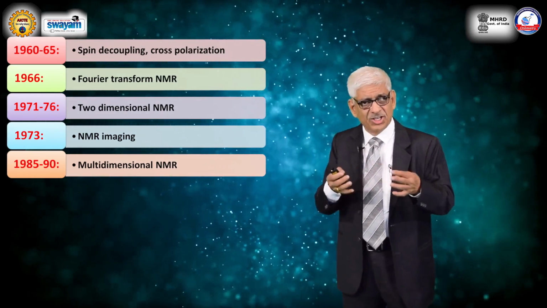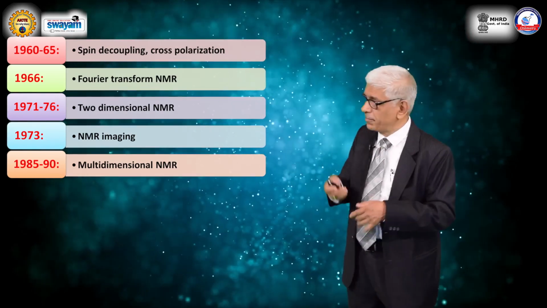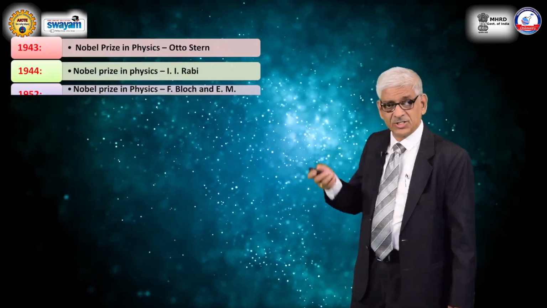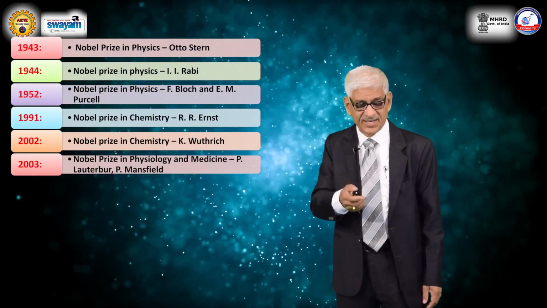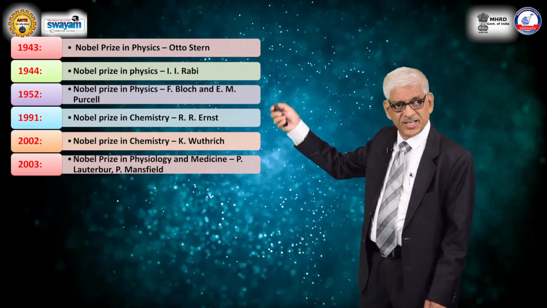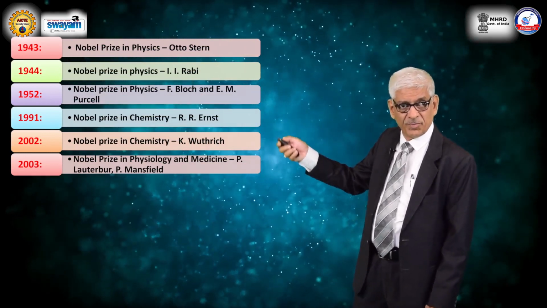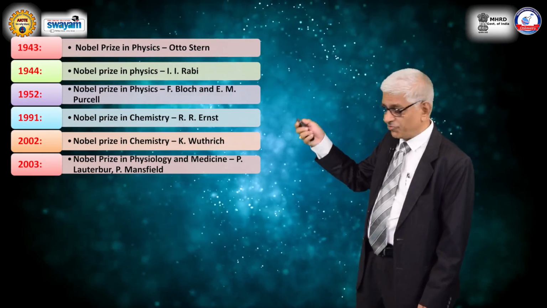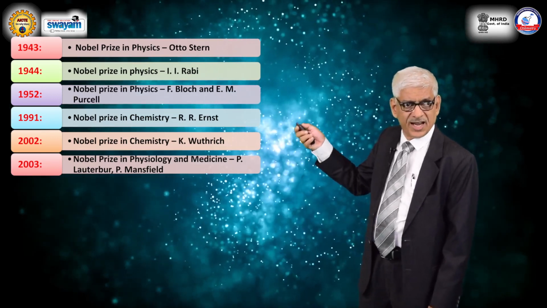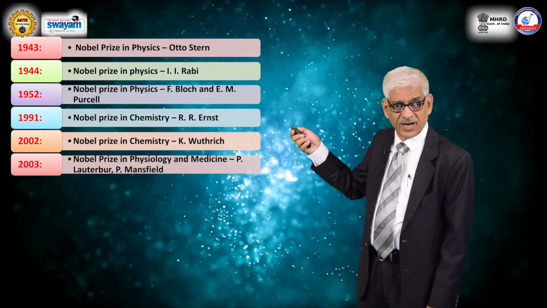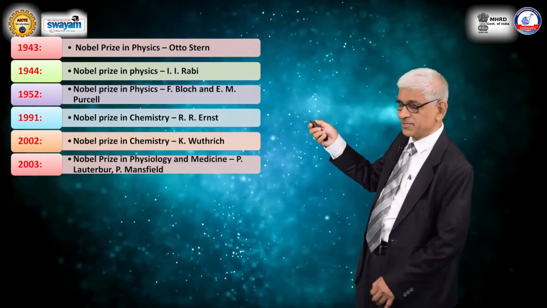Protein structure determination became possible because of multidimensional NMR, and this also won Nobel Prizes, as listed here. The 1943 Nobel Prize was in physics, the 1944 Nobel Prize was in physics, and in 1952 there was a Nobel Prize in physics for two persons, Felix Bloch and E.M.